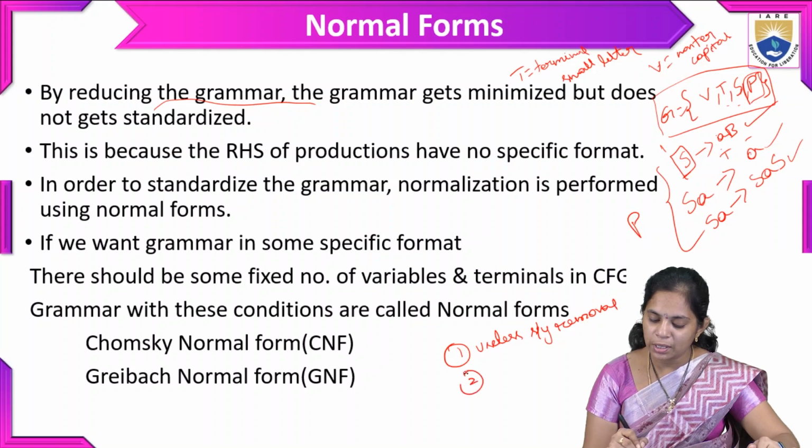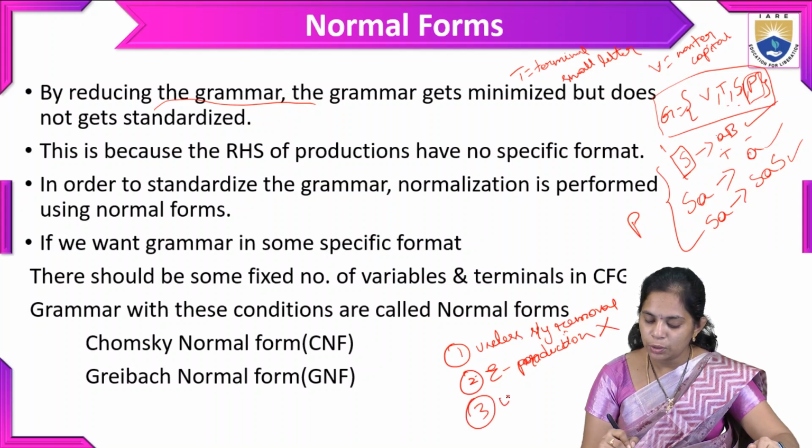And the second one is eliminate epsilon production. And the third one is eliminate unit production.